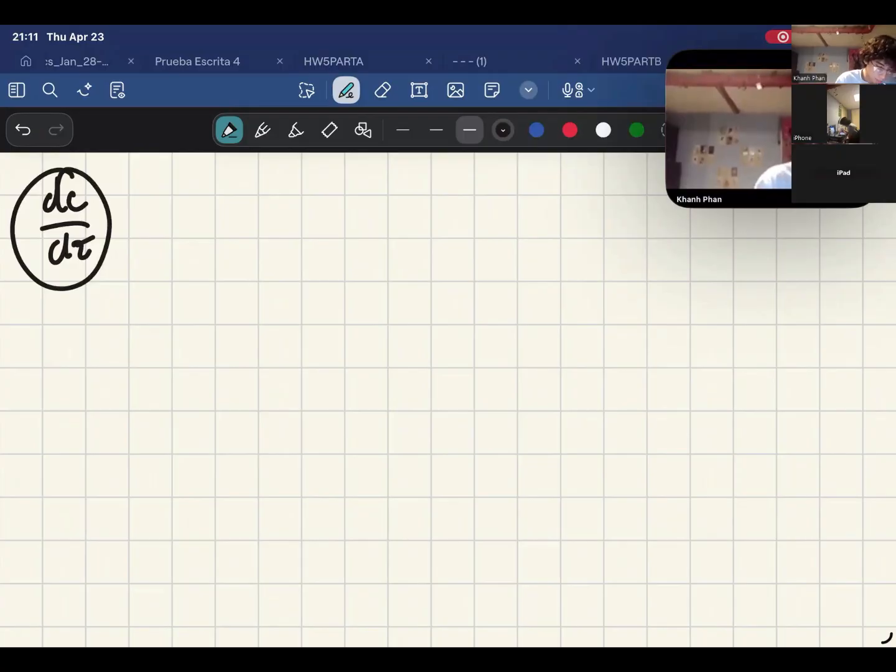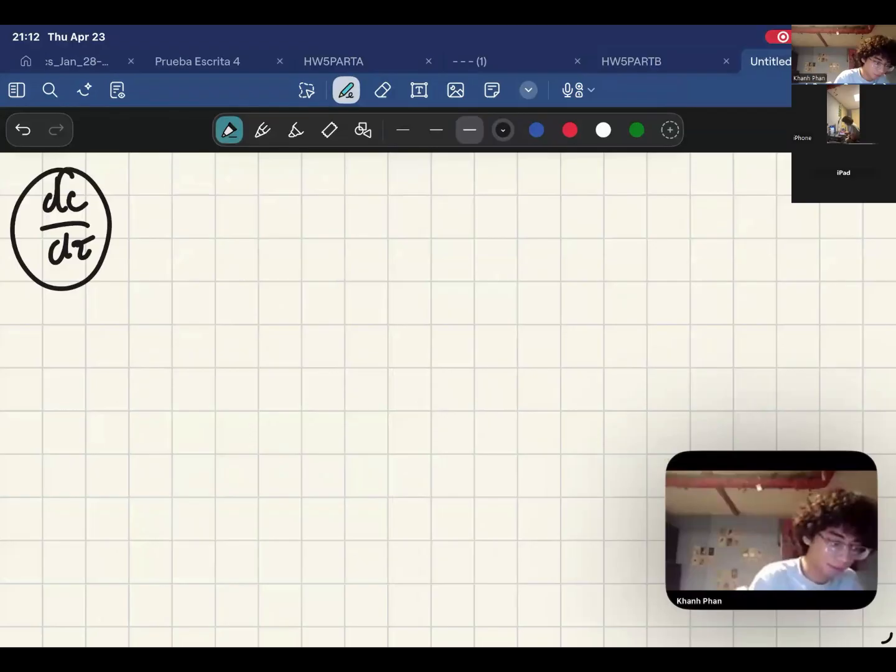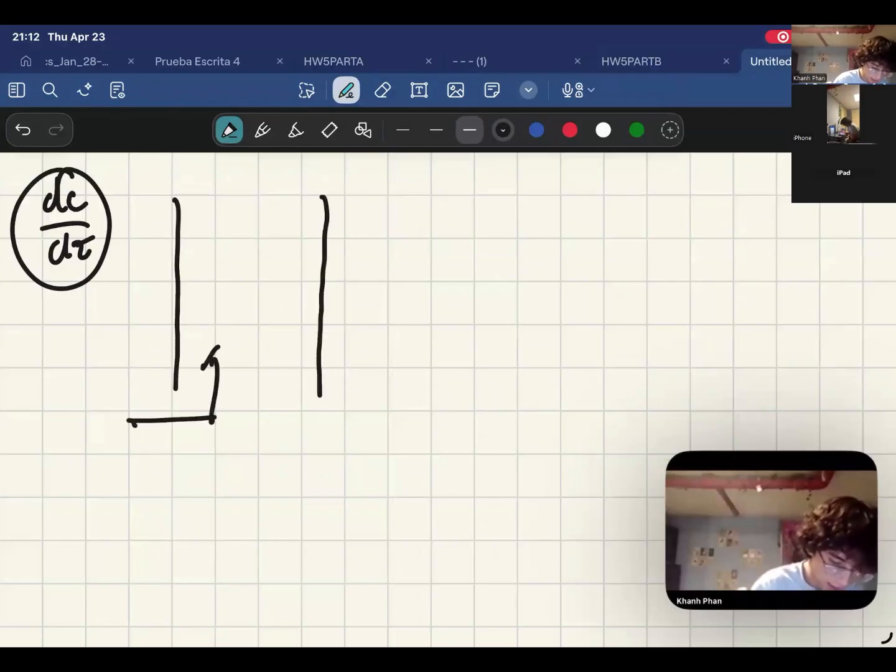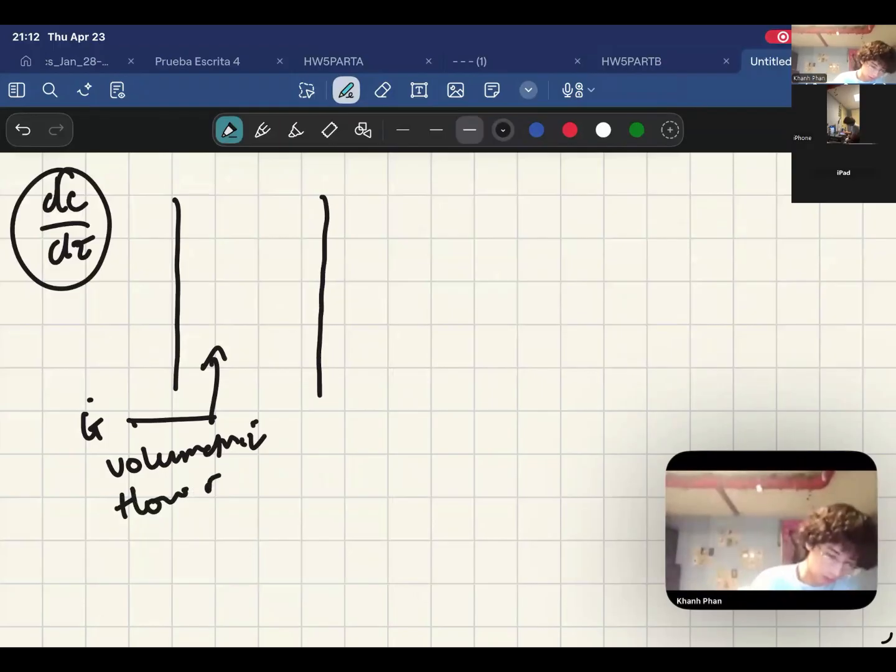So now, for molar concentration, we know that water also has a flow rate, a volumetric flow rate, and so let's name it G, volumetric flow rate of air, which has a unit of mole.